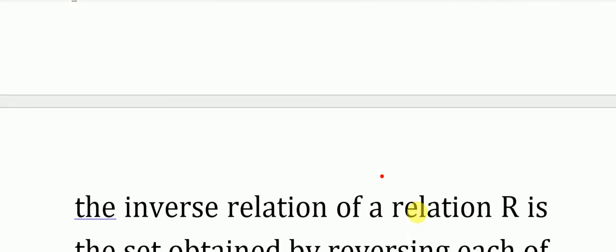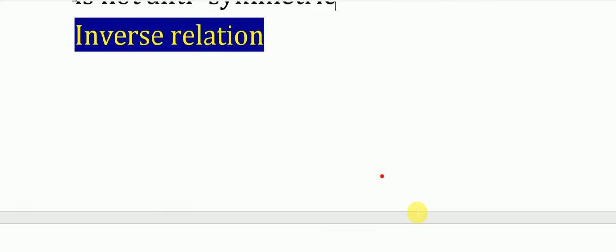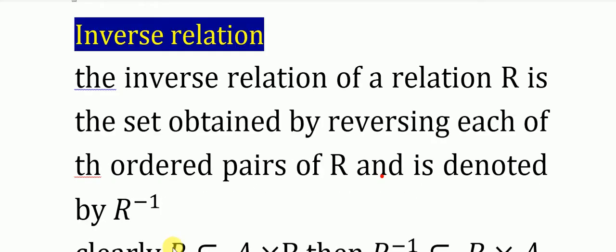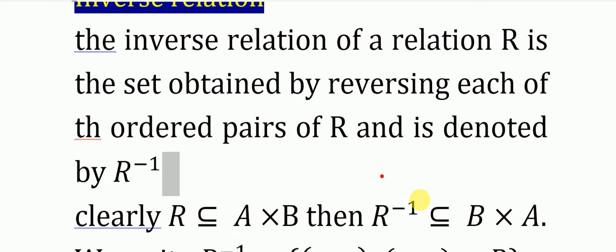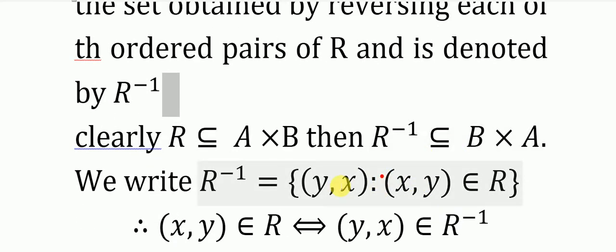So let us see what is an inverse relation now. The inverse of a relation R, denoted by R inverse, is obtained by reversing each of the ordered pairs of R. Here we can obtain R inverse by taking the reversed ordered pairs.